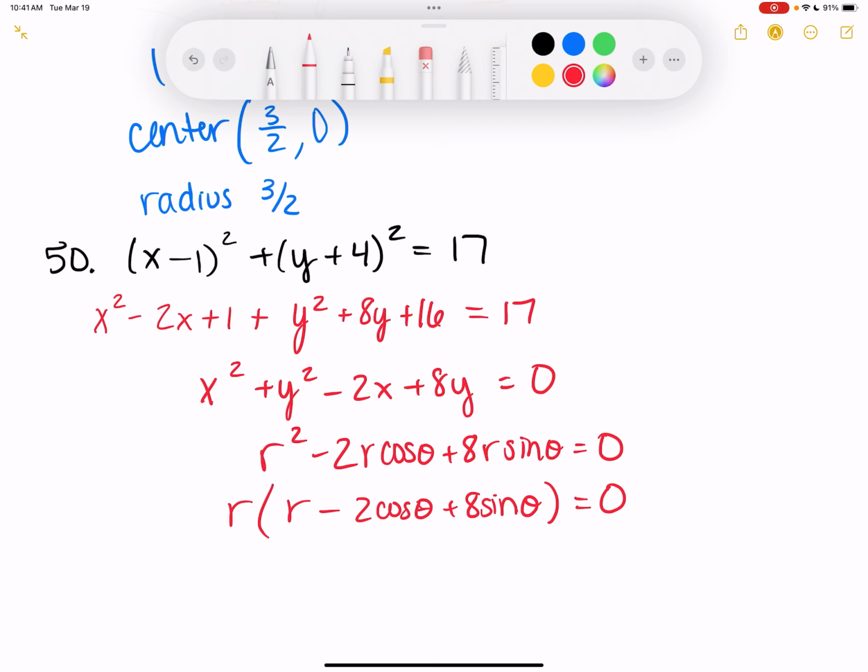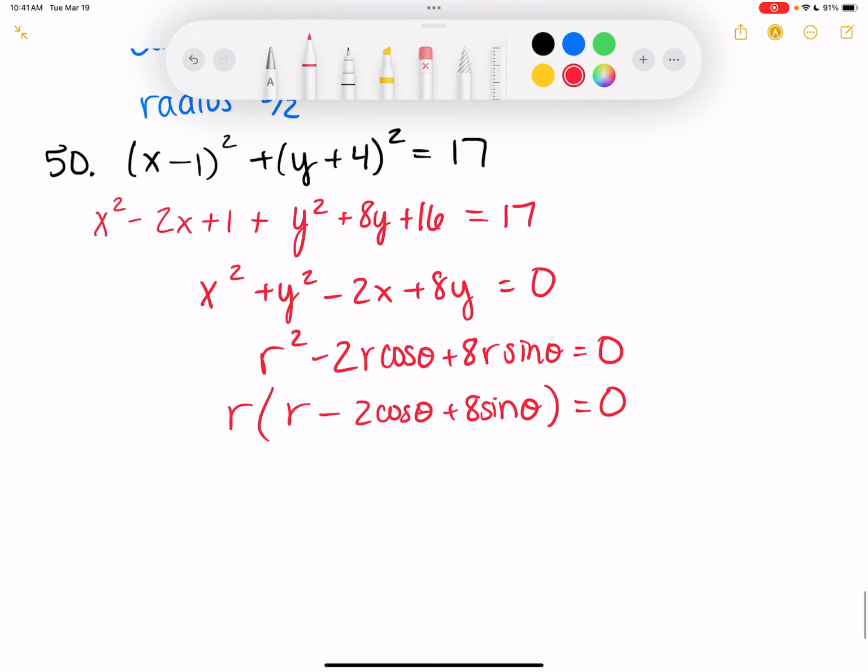This is like when we were solving for the variable and set each piece equal to 0. So at this point I have that r is equal to 0, and I have that r minus 2 cosine theta plus 8 sine theta is equal to 0.